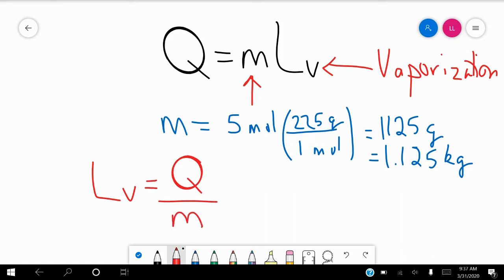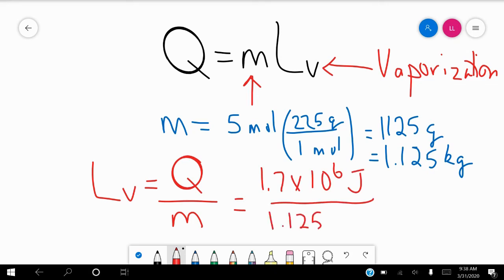This is simply latent heat of vaporization equals Q over M, and they tell us that we add 1.7 times 10 to the 6 joules of heat to the 1.125 kilograms. You can do this in grams. Your numbers are going to be slightly different, but we know that the latent heat of vaporization of this substance is 1.5 times 10 to the 6 joules per kilogram.